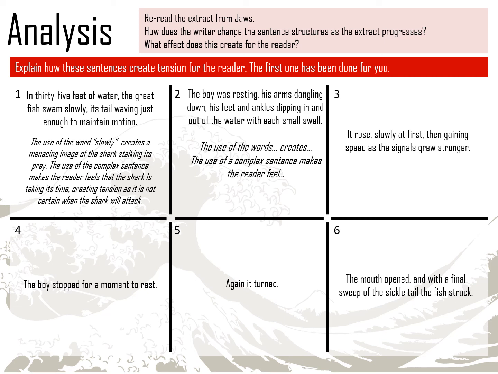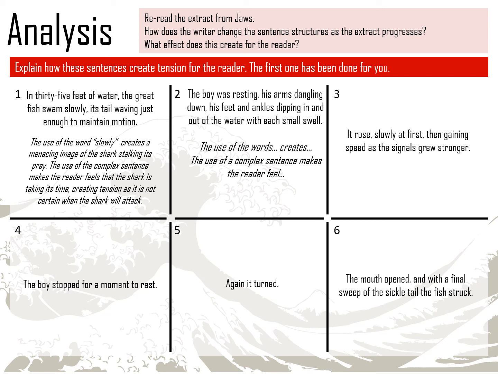And the use of the complex sentence, that long sentence split up with commas, creates that effect of the shark taking its time, creating tension. We're not sure when the shark is going to attack.